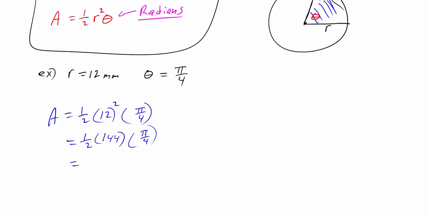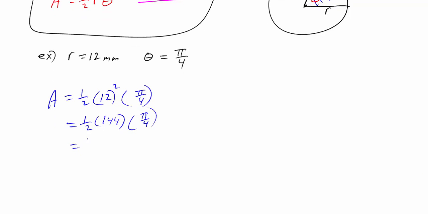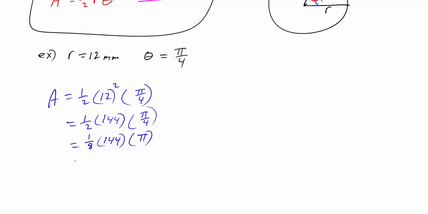I want to leave the pi alone, but we have 1/2 and the 4, so 2 times 4 is 8, so we get 1/8 times 144 times the pi. I'm just doing this by hand. You could certainly put this straight into the calculator.